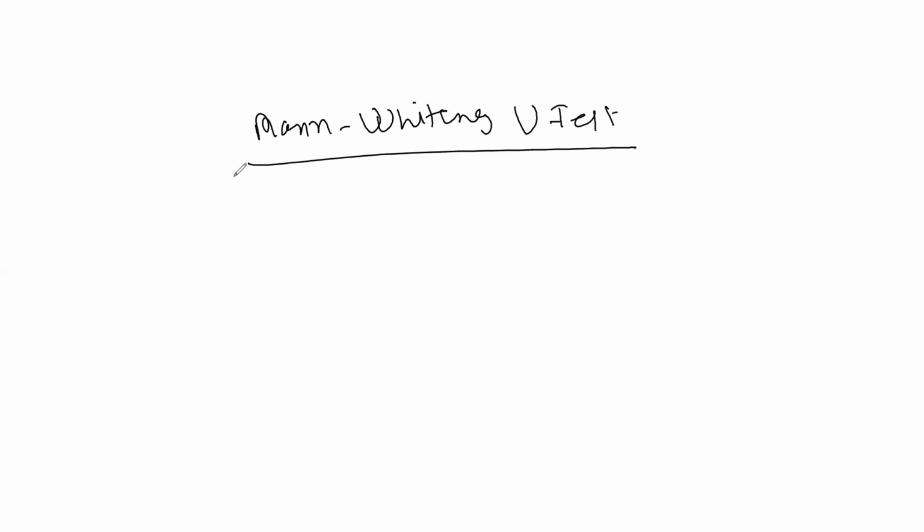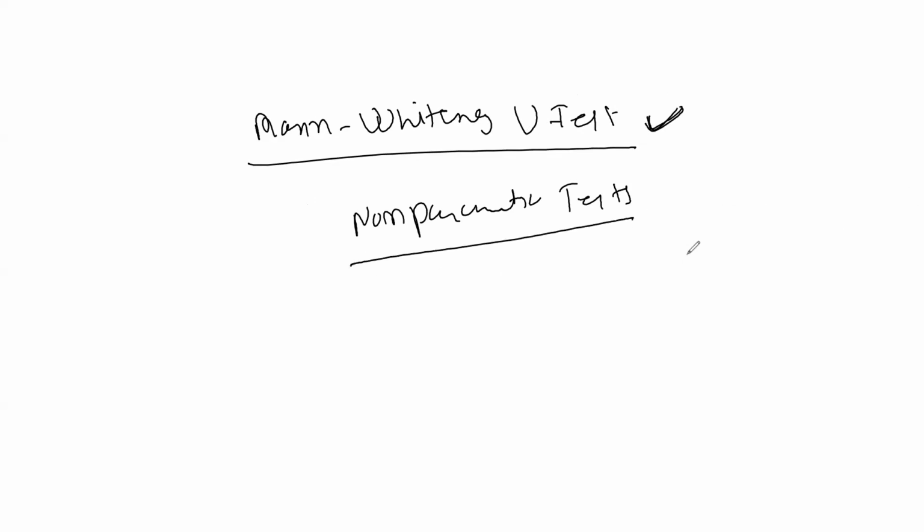So today we will discuss the Mann-Whitney U test and the non-parametric tests. Basically, non-parametric tests are assumption-free or distribution-free tests. We do not need to check the homogeneity and normality of the data.